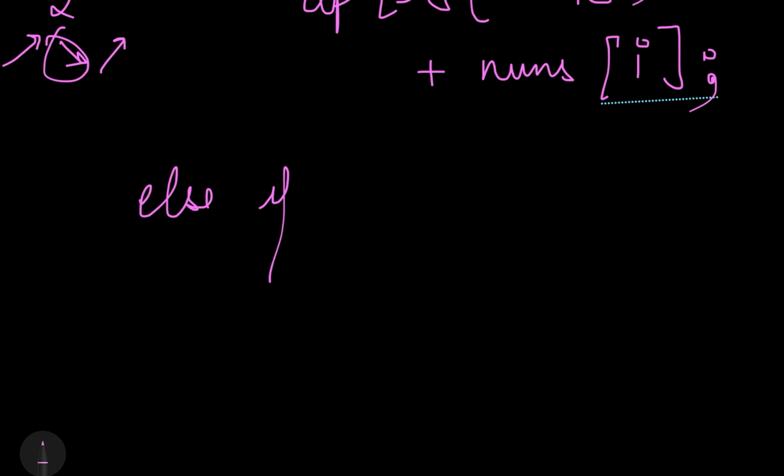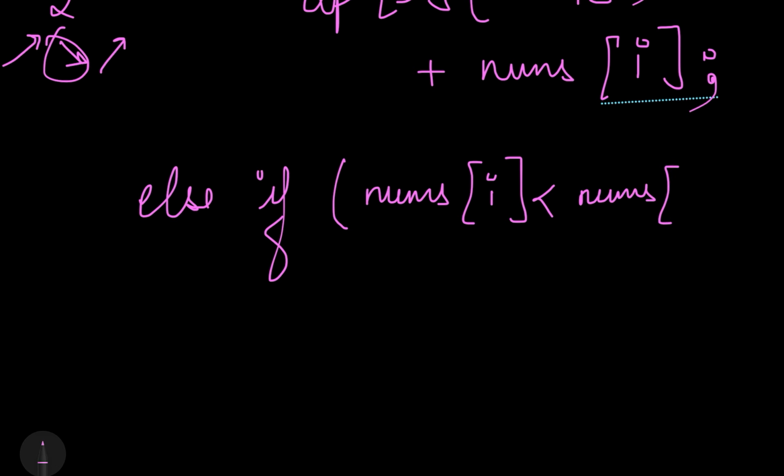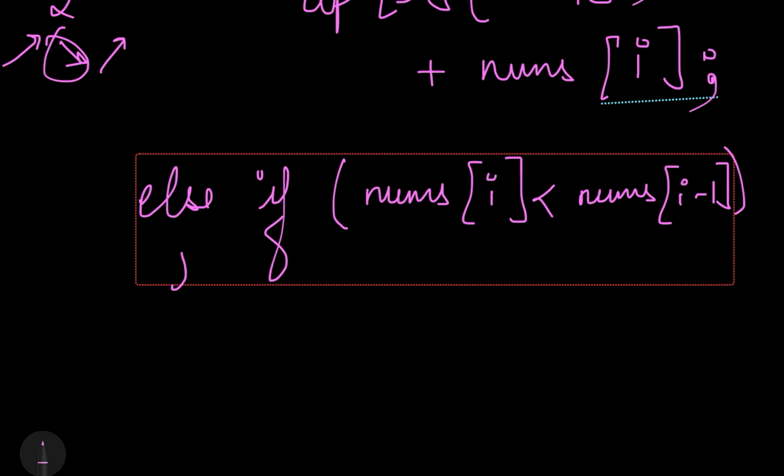Now case 2 would be if we are in our decreasing phase, that is, our upcoming element is smaller than our previous element, so nums of I is smaller than nums of I minus 1.